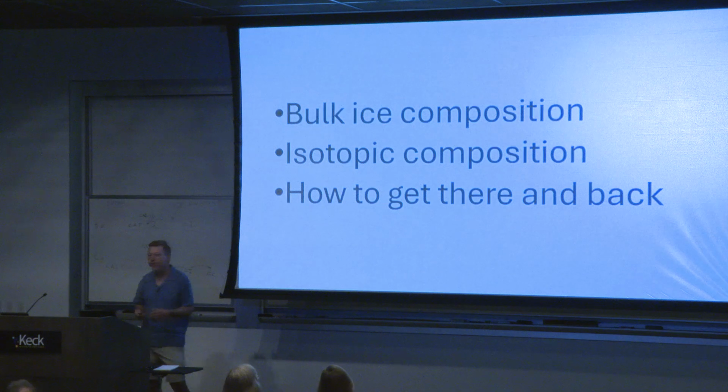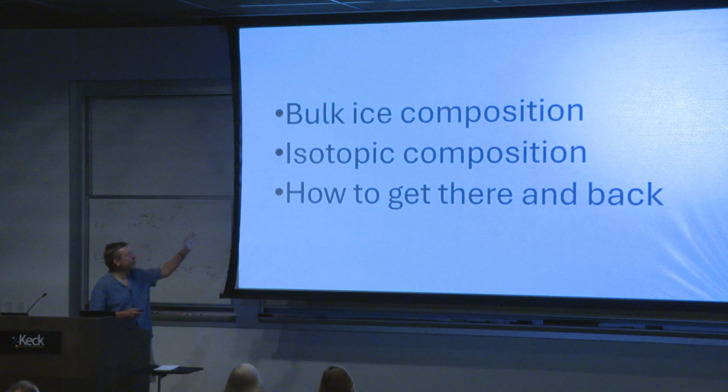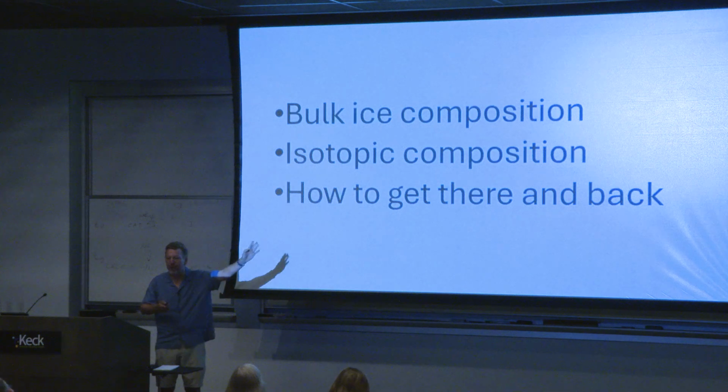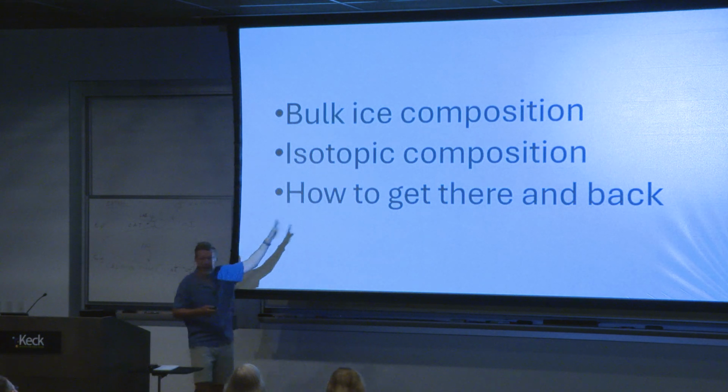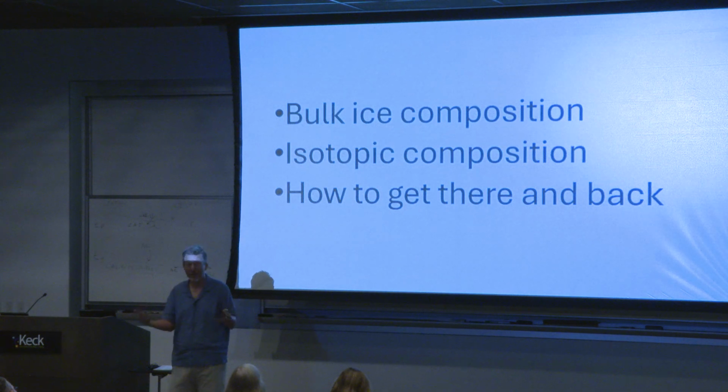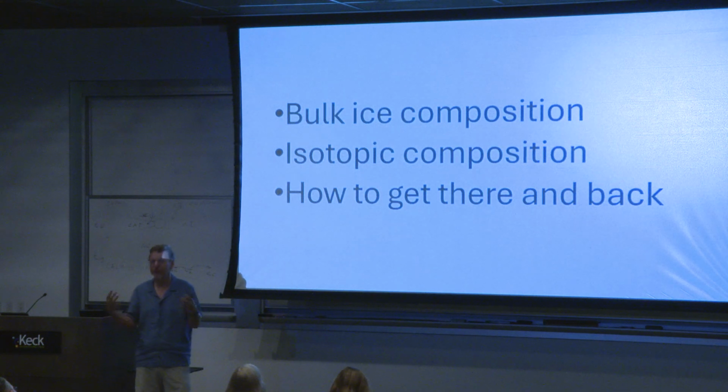We really would love to just get some bulk ice compositions, like trying to understand how the outer part of the solar system put itself together, the effect of ice lines, the effect of chemistry there. These bulk ice compositions would be tremendously valuable. There is really interesting isotopic information available too. I talked about water because it's the easy one for us to do, but you can imagine you're doing a sample return.